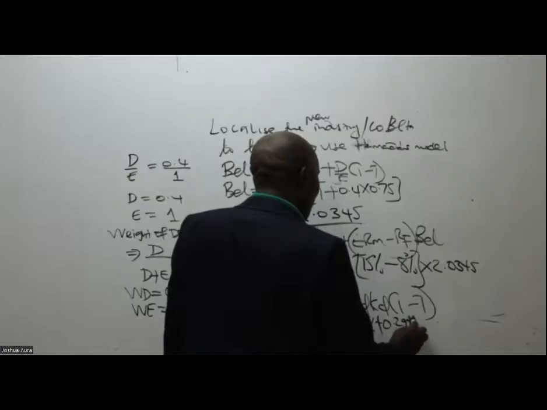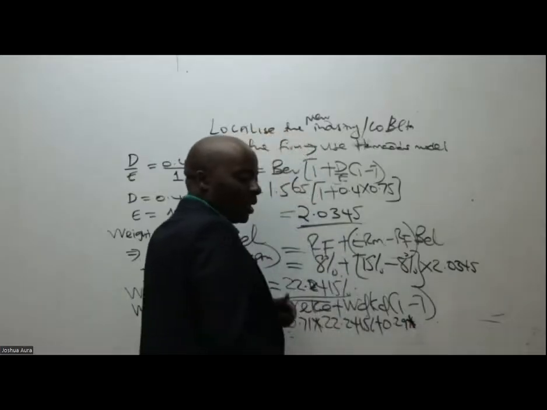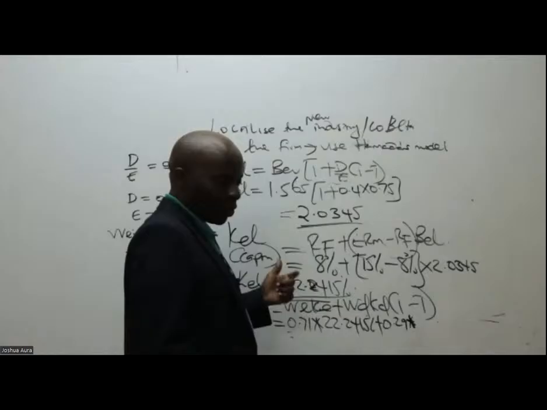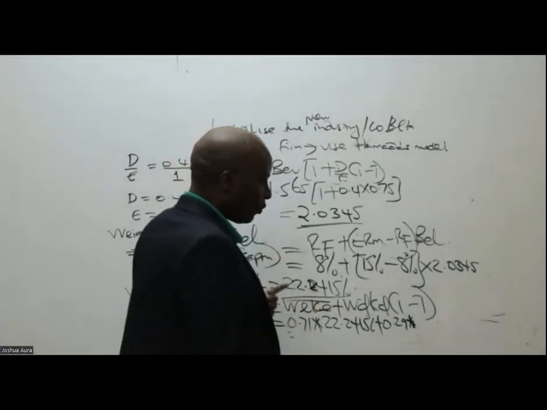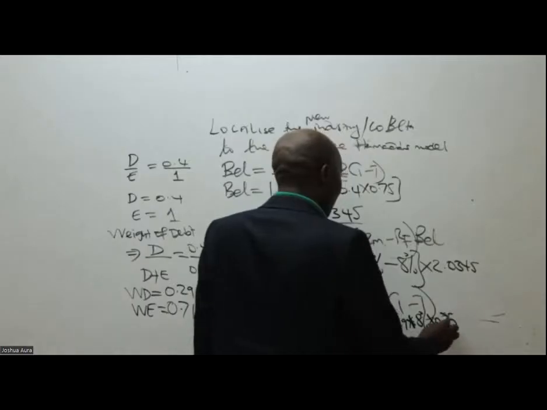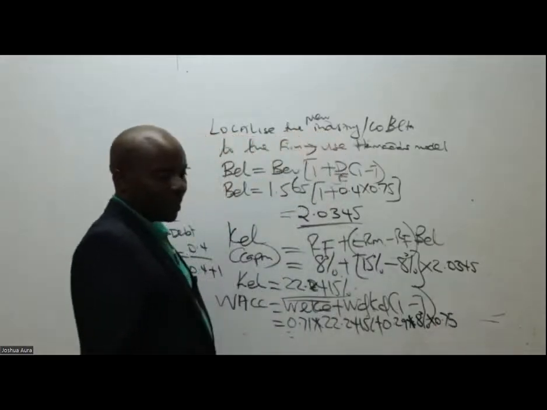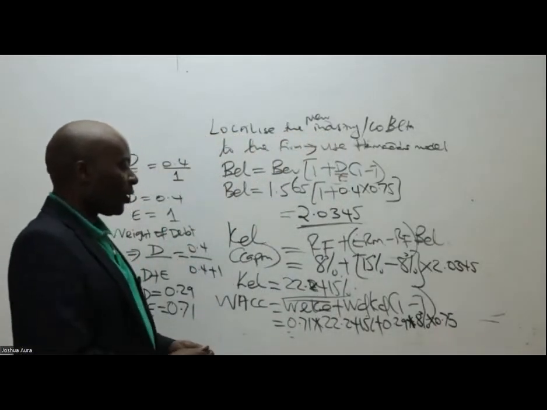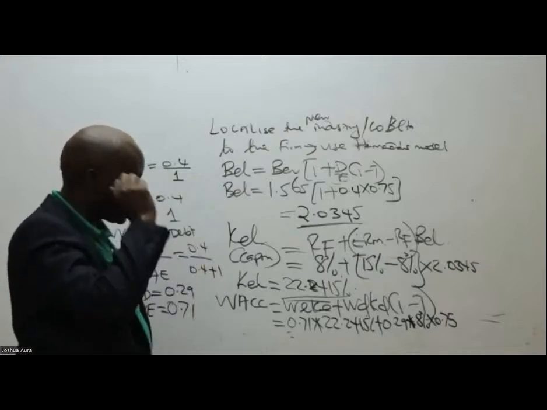Not unless you're told otherwise, cost of debt is normally the risk-free rate because debt is secured. You must give a bank security. It is 8%. Multiply this by 0.75.